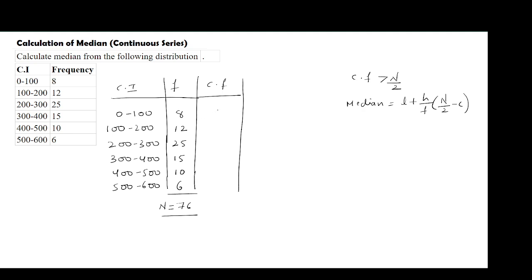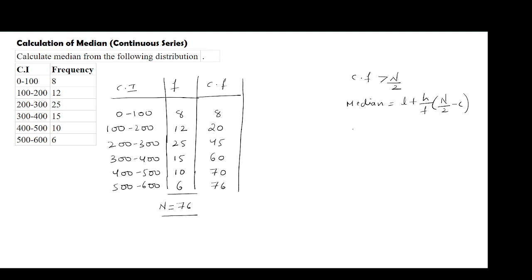First value remains same, 8. 8 plus 12 is 20. 20 plus 25 is 45. 45 plus 15 is 60. 60 plus 10 is 70. 70 plus 6 is 76. So this is how the cumulative frequency should be calculated.